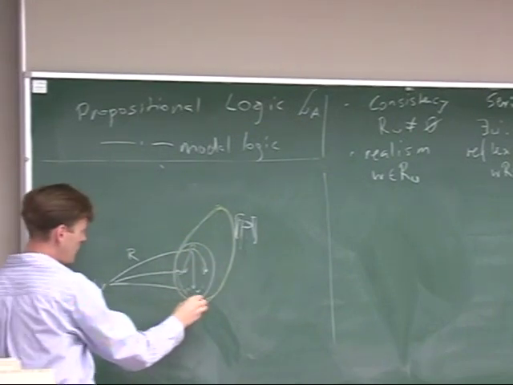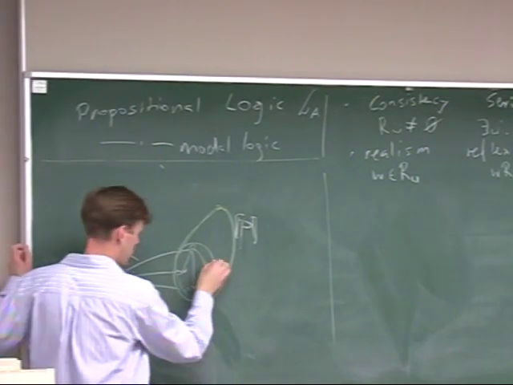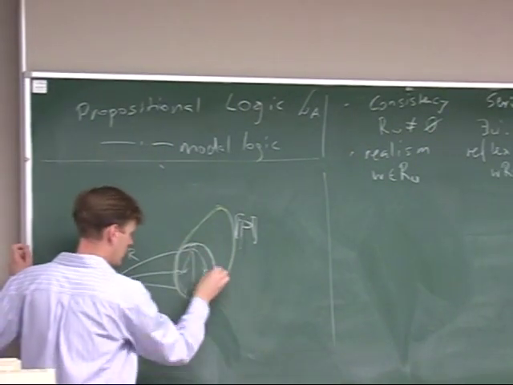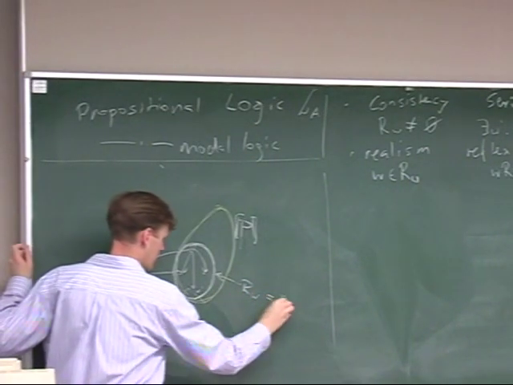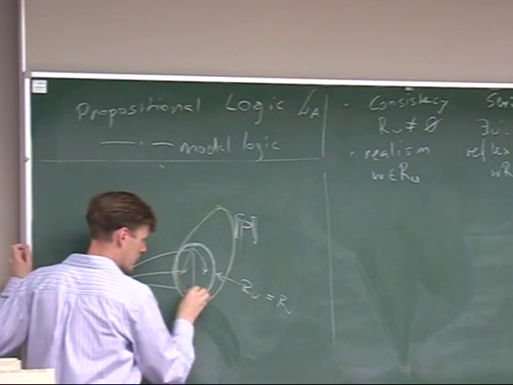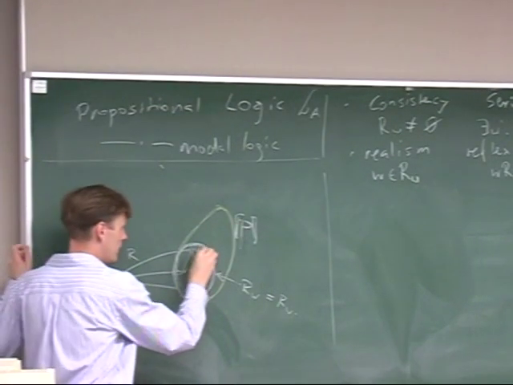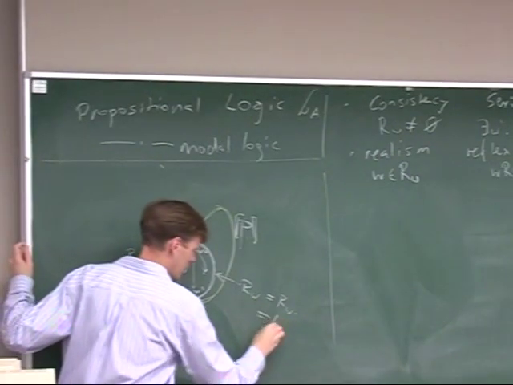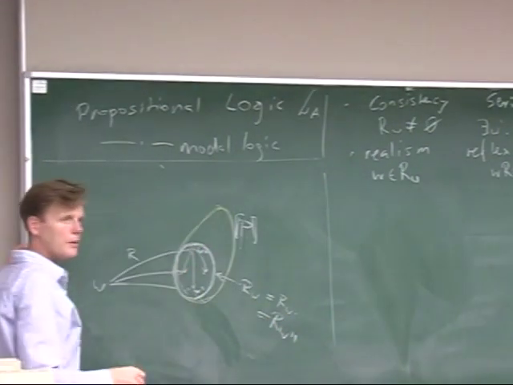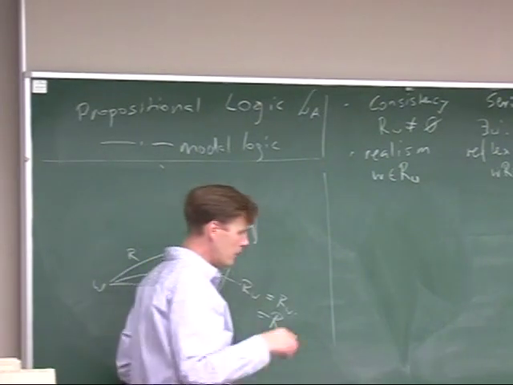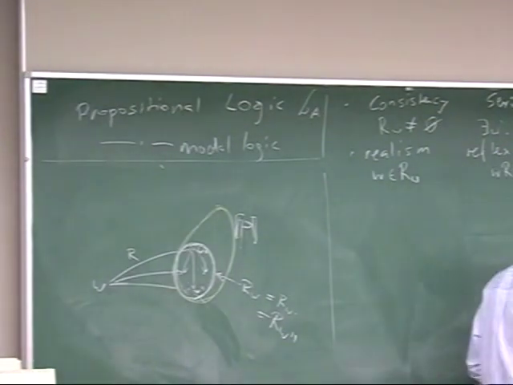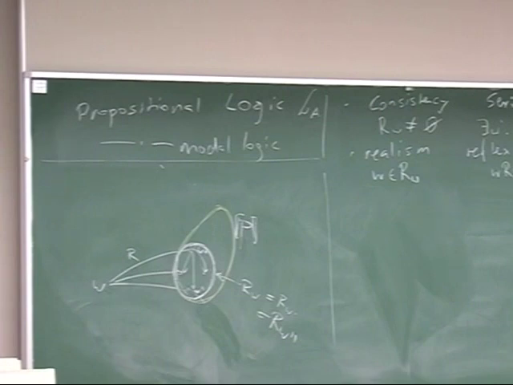So we have this set here, which I'm circling in white, this is RW, and it's also RW prime. Maybe here we have W prime, right? And if we have some W double prime, it's again the same, and so on. And there are two properties of relations which jointly together make sure that that happens.